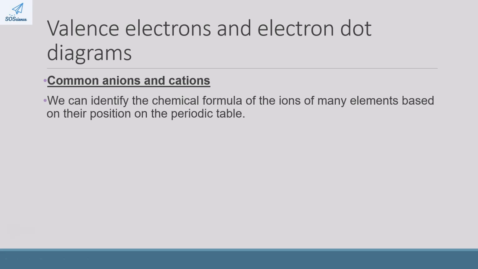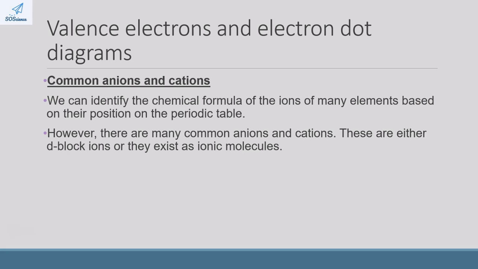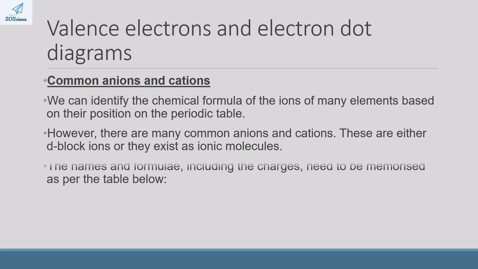So again, we can identify the chemical formula of ions of many elements based on their position on the periodic table, but there are other common anions and cations that are either in the D block or they exist as ionic molecules. The names and formulas, including the charges, need to be memorized.